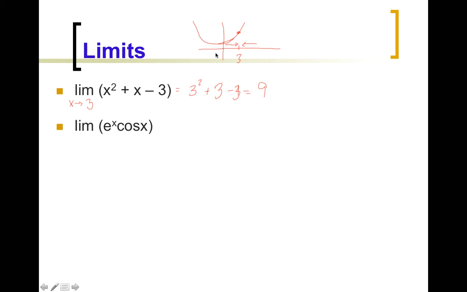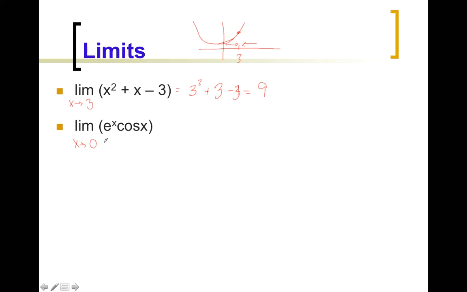So another one like this would be the limit as x approaches 0 of e to the x times the cosine of x. Neither of these functions has any problematic points. The domain is all real numbers. I can plug anything into e to the x, and I can plug anything into cosine of x.